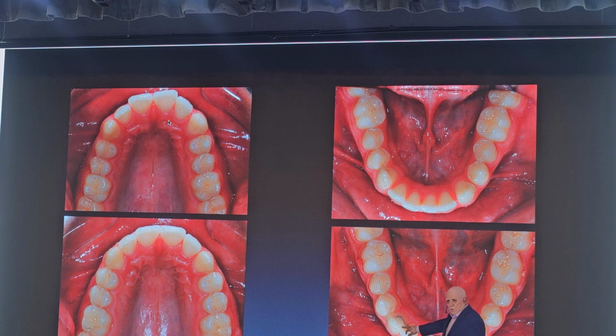We don't like to use braided wires in the lower 3 to 3 because these braided wires have the tendency to unwind and you can have the canine go forward. The lingual root is going to become prominent and you're going to have a lot of problems.